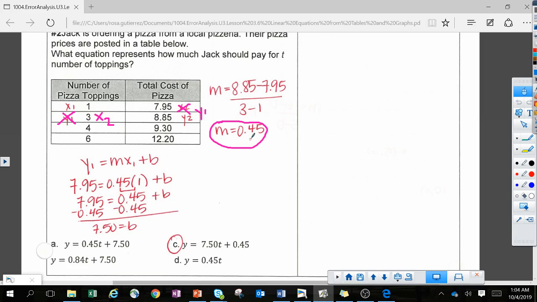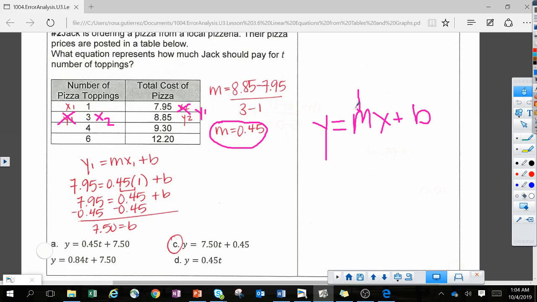At this point, I would stop and look at my answer choices. And there are 2 answer choices I would cross off. And here's why. Our linear equation we know is going to look like y equals mx plus b, where m is slope and b is the y-intercept.